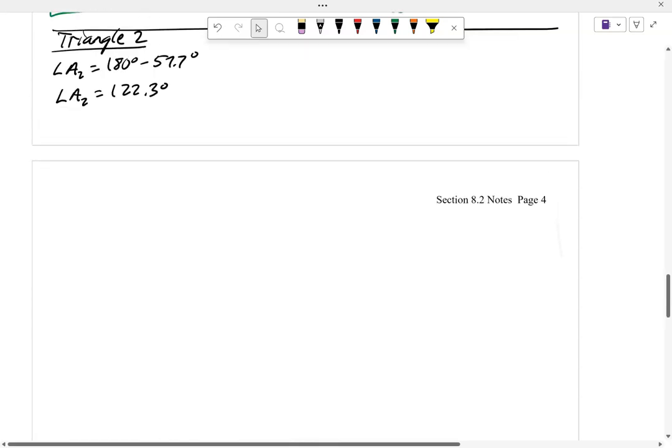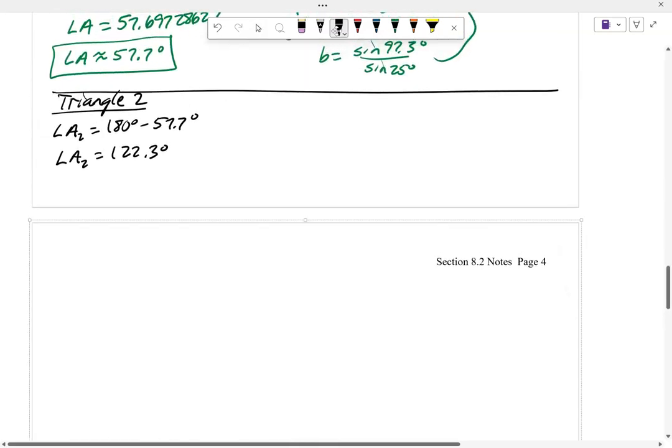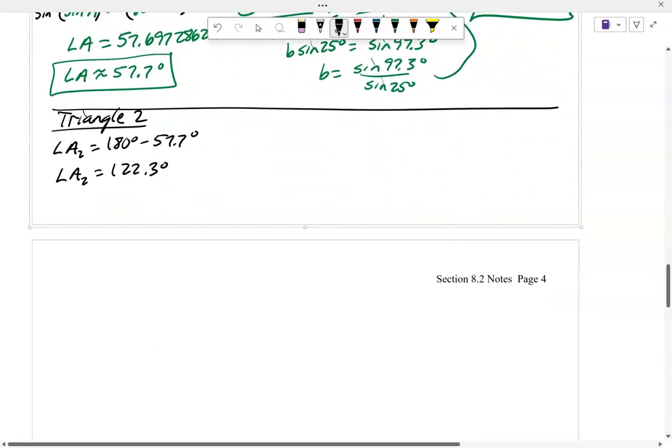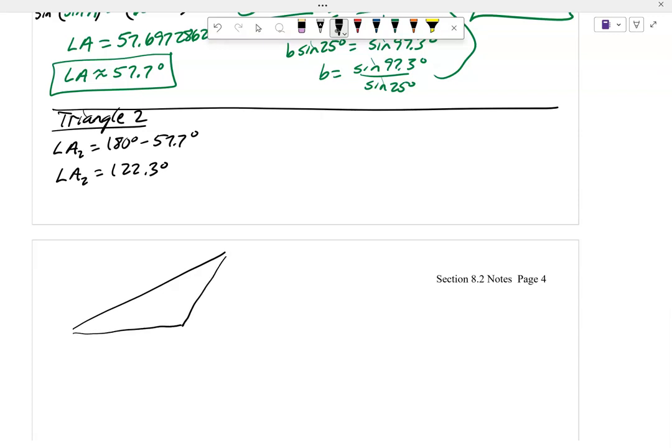So we've swung that arm around. Let's see if I can draw that down here. Swung that around right there. So 1, 2, 25 degrees. This was C, B, A, lowercase a. And then we found angle A2 is 180 minus the original angle A from the first triangle.